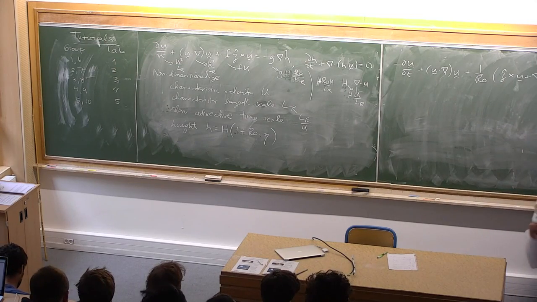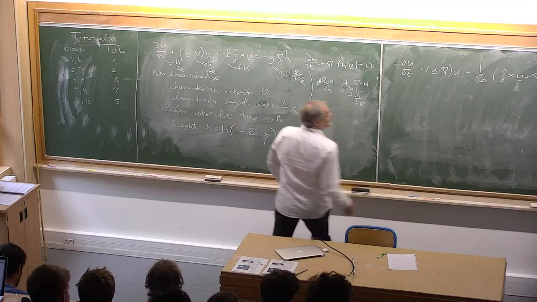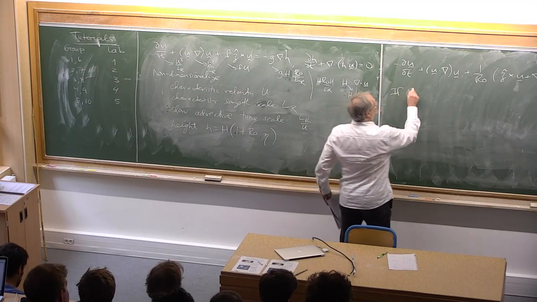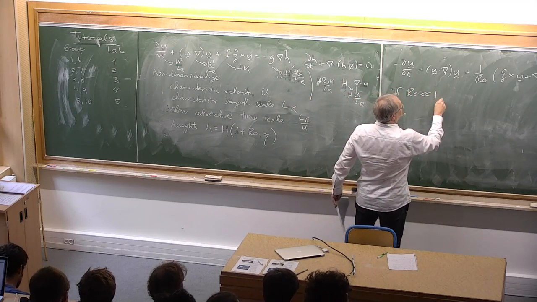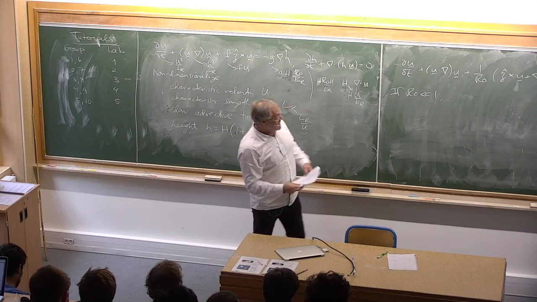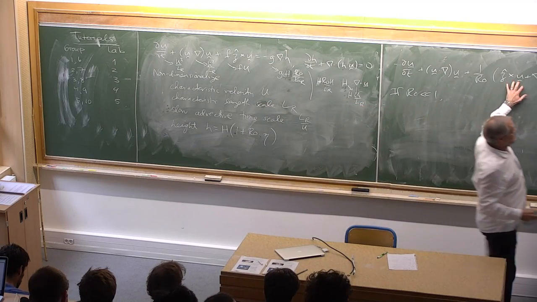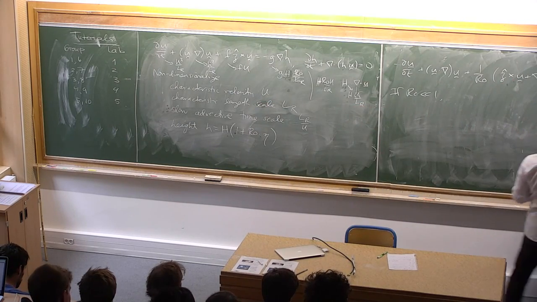So if the Rossby number is small, then we're forced to take this term to 0 and this term to 0.